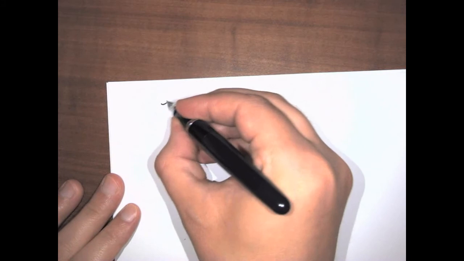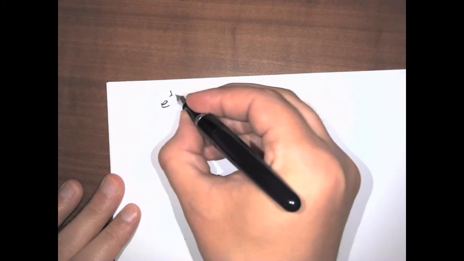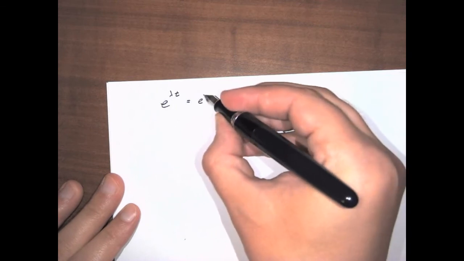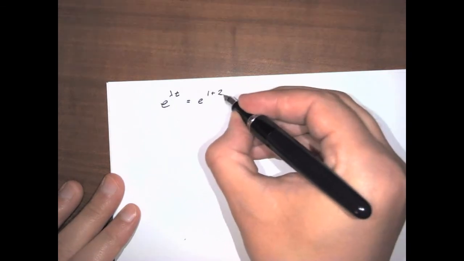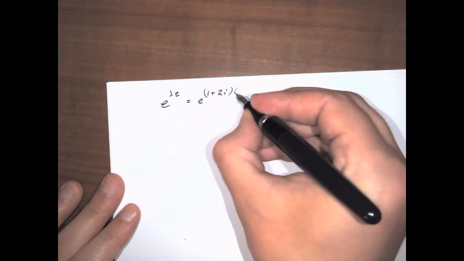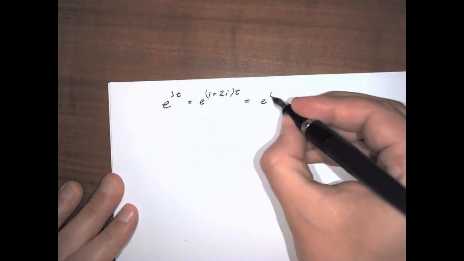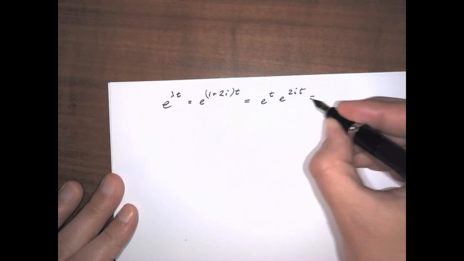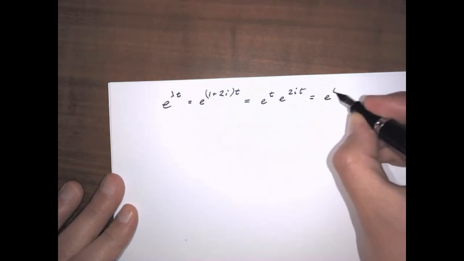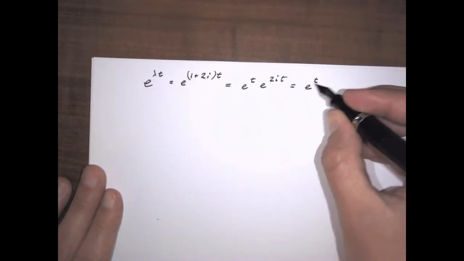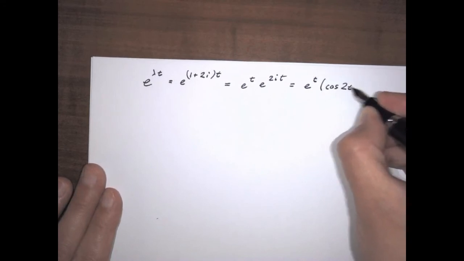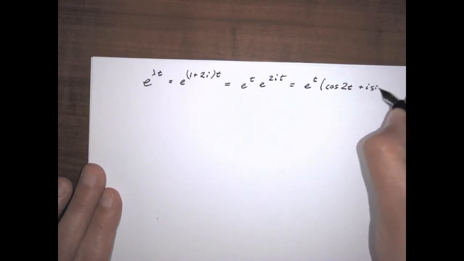So e to the lambda t is the same as e to the (1 plus 2i) t, which is the same as e to the t times e to the 2it, which is in turn the same as e to the t times (cosine 2t plus i sine 2t).